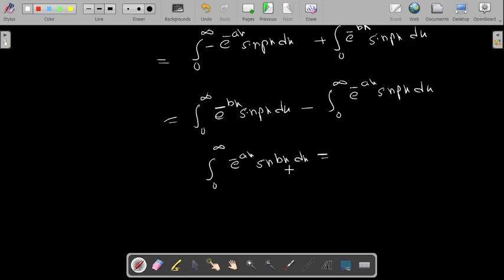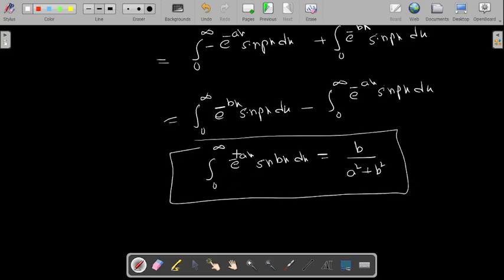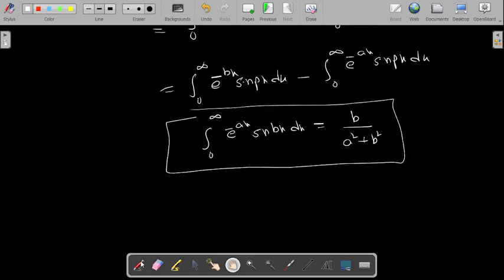This will be b by a square plus b square. So integral 0 to infinity e power minus ax sin bx dx is b by a square plus b square.